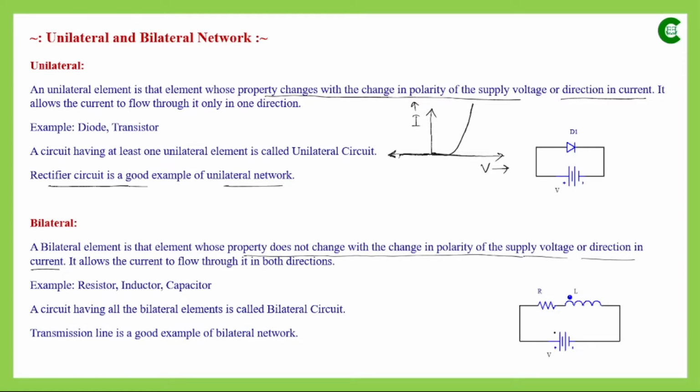So circuits with passive elements like resistor, inductor and capacitor will be bilateral circuits or networks. But for a network to be bilateral, all the elements have to be bilateral in nature. For example, a transmission line is a good example of a bilateral network.